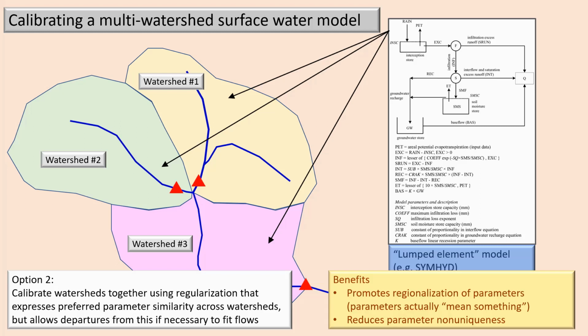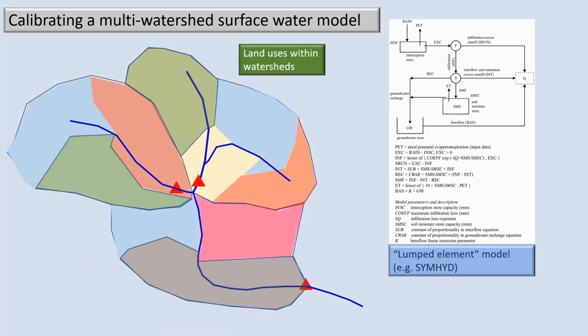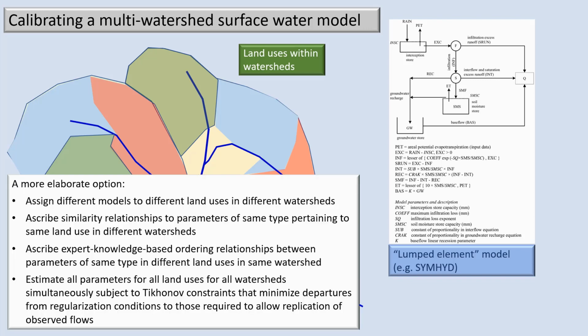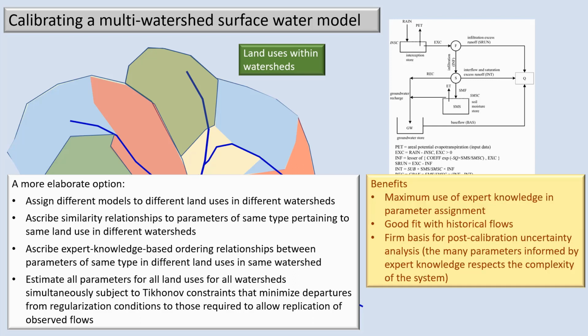Of course, we could even get more sophisticated. We can recognize that in each watershed there are different land uses and the same principles can be applied. Once again, PEST is not worried by a superfluity of parameters as long as proper regularization is introduced to the inversion process.